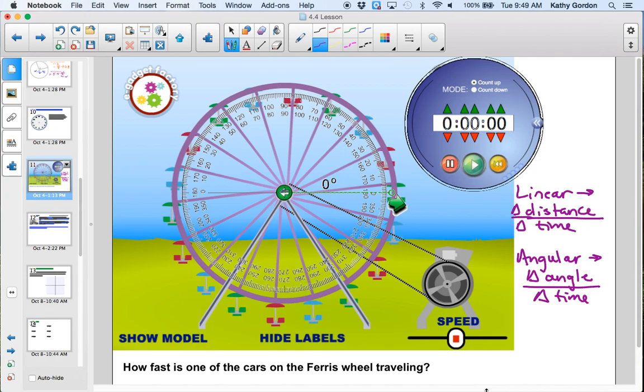Follow your car all the way around the circle, and when you get back up to 0, say stop. And clock person, say what the time is. A third person in your group should be writing those down: what's the start time they said, and what's the stop time they said. So one person is watching the car, one person is watching the clock, and one person is writing down what the clock person says.